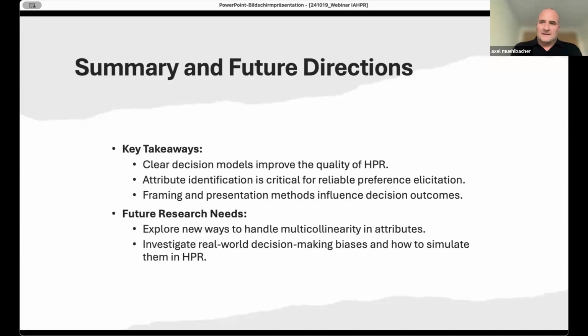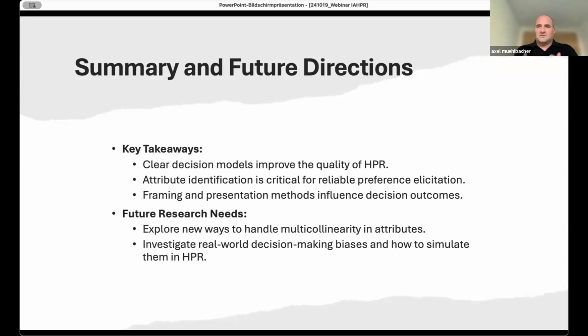We are all having problems thinking about how to derive a certain set of attributes, how to identify attributes and their corresponding levels, and what's critical, what's being needed for preference elicitation.